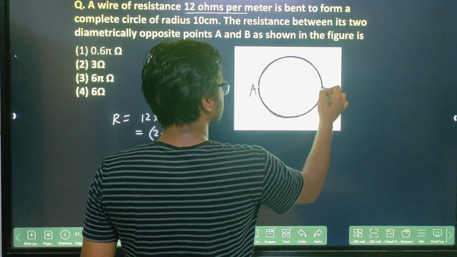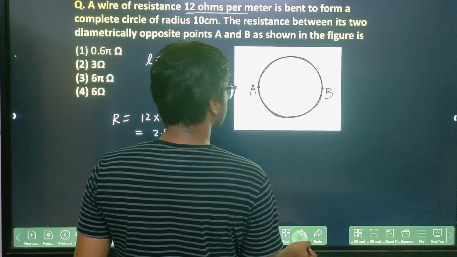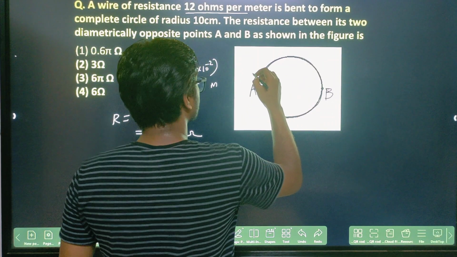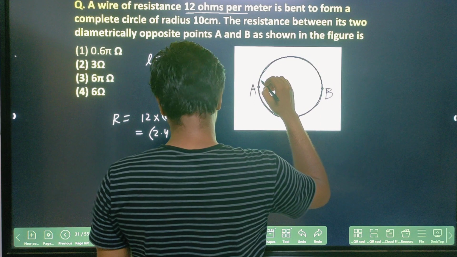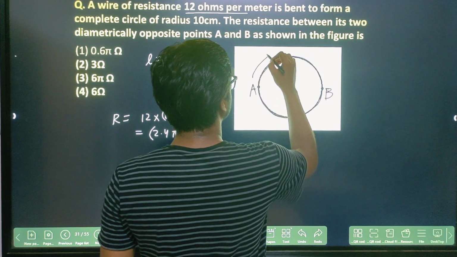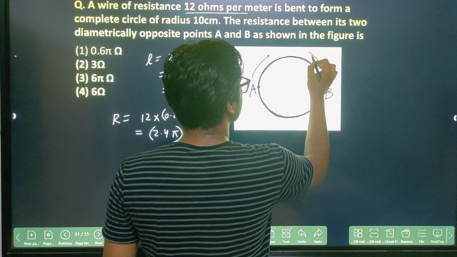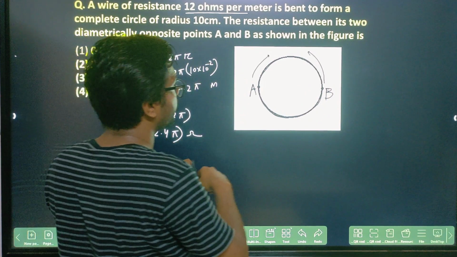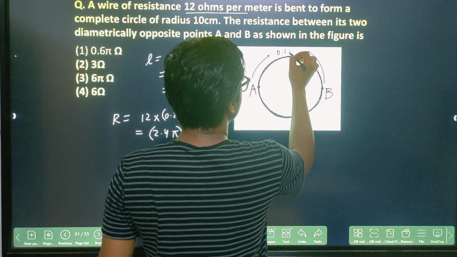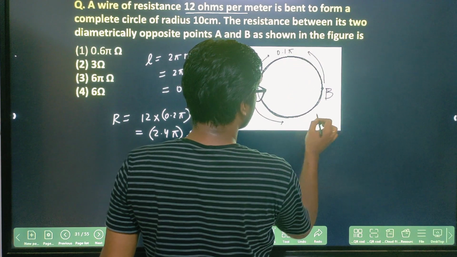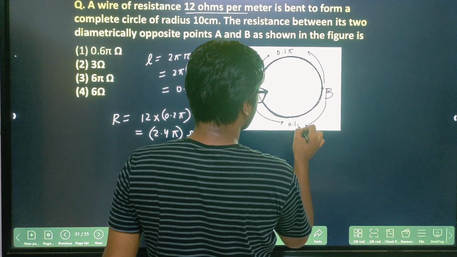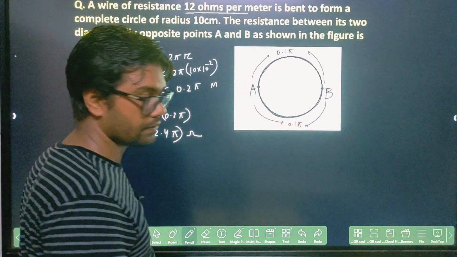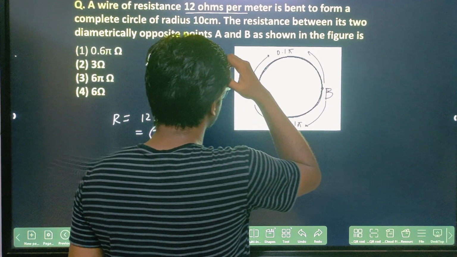Now A to B will be half the length. From here to here, if the total length is 0.2 pi, this length will be 0.1 pi, and here also the length will be 0.1 pi. It is the perimeter of a half circle.